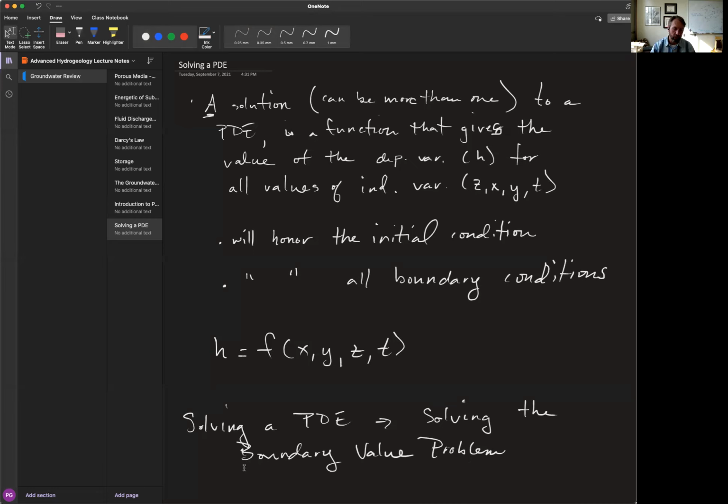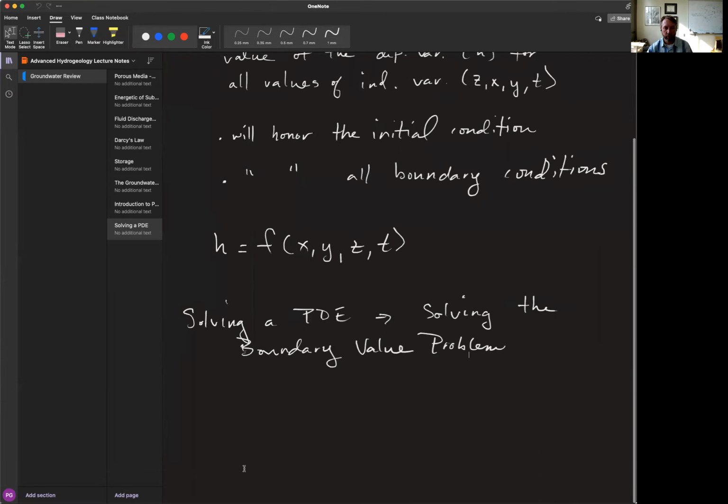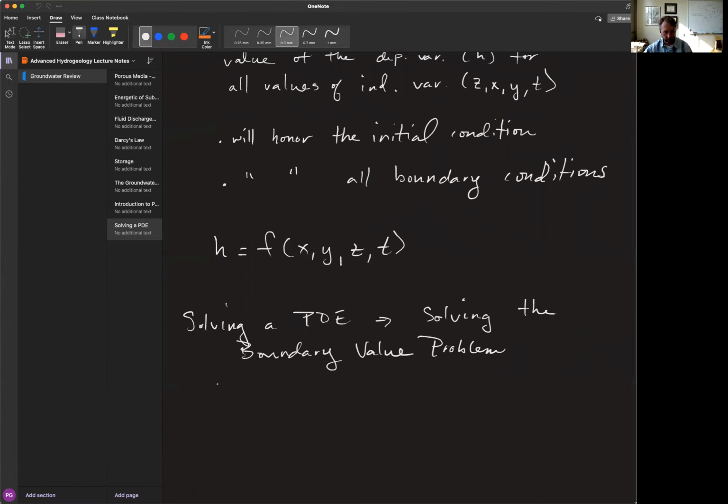How do we derive a function that honors our boundary conditions and gives us the value of our dependent variable within our domain of interest, so inside our boundaries, for all values of the independent variables? All right, so there are some ingredients for solving the BVP.